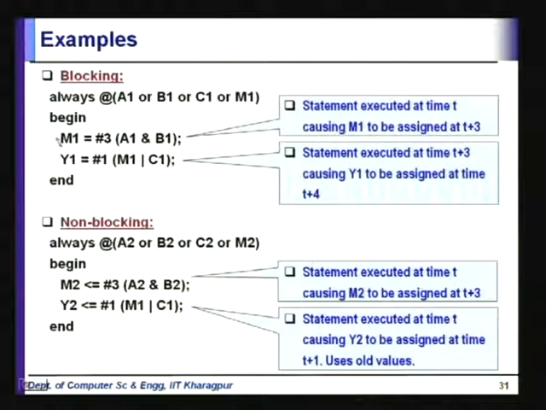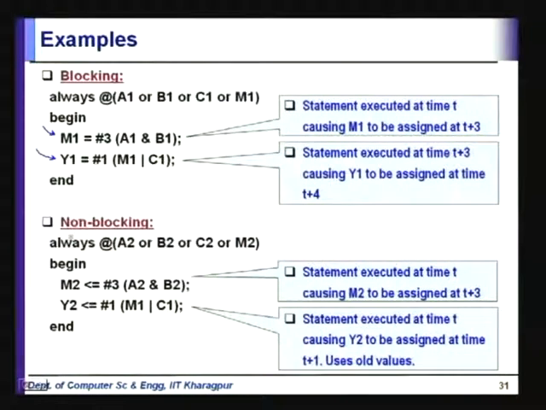At that time t, the evaluation of this statement starts. But remember that it cannot pick up the values of A1 and B1 at that time, because there is a #3 sitting here. So M1 is to be assigned at time t plus 3. Then after this is complete, this statement execution starts at t plus 3 and Y1 is assigned at time t plus 4. Is that clear?